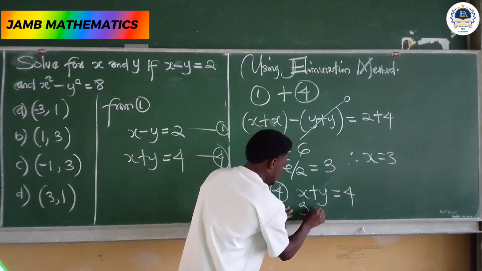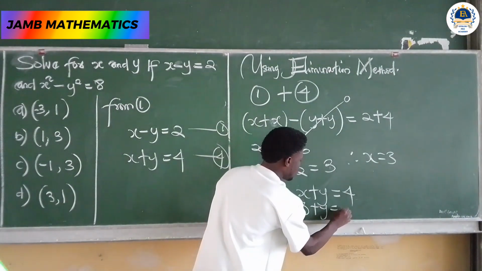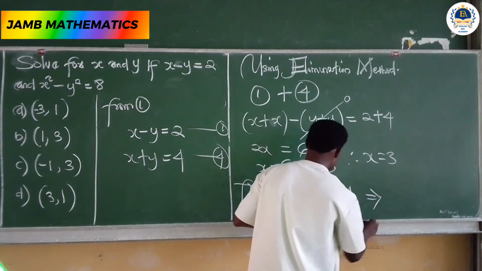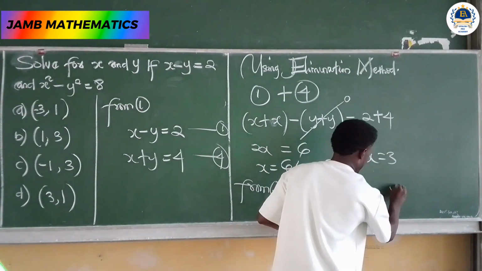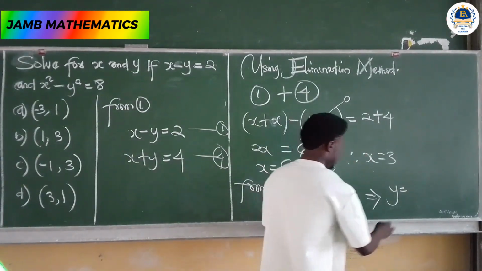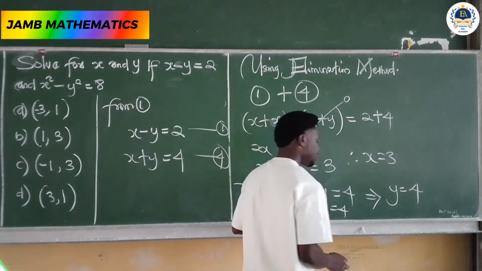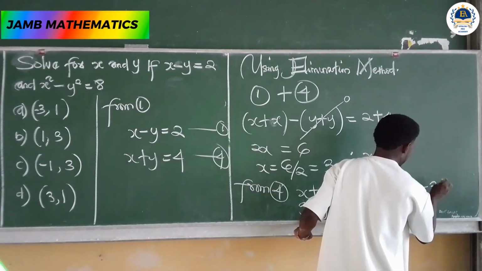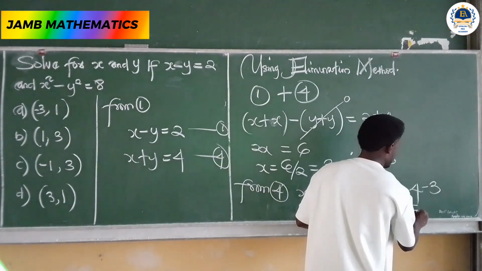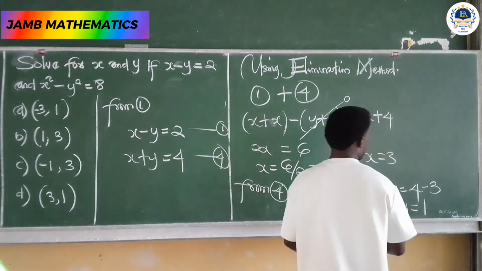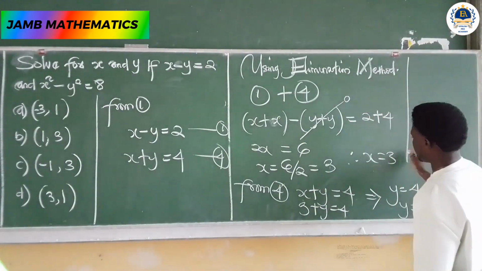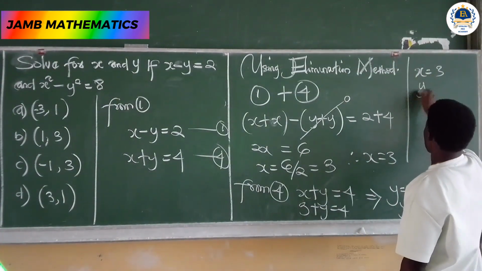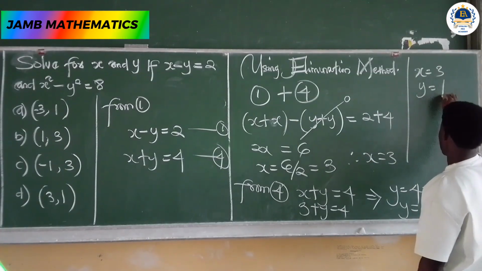So 3 plus y is equal to 4. This gives y is equal to 4, and when 3 crosses over, it becomes minus 3, and y is equal to 1. So on the board, the answer is x is equal to 3 and y is equal to 1.